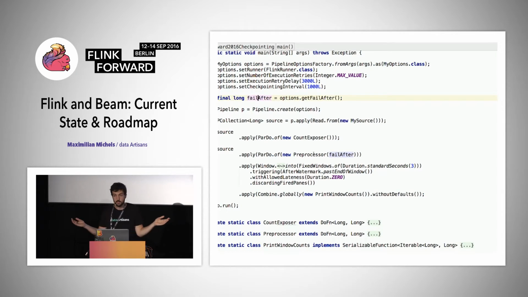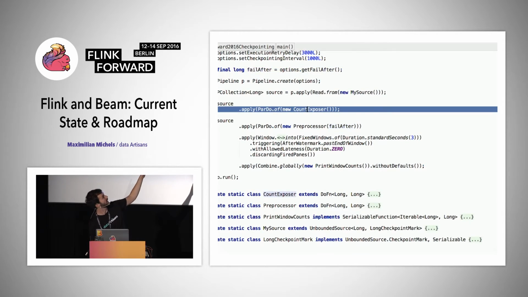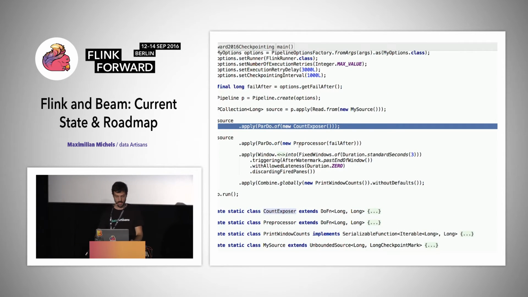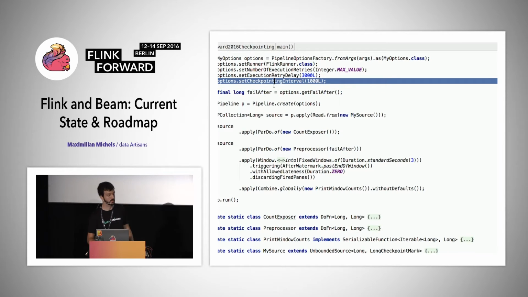I'm using this timeout, which I'm reading here, to pass it to the preprocessor, because apparently my preprocessor is sometimes failing, especially every 10 seconds. I'm also exposing the current count to make that visible on the web interface. The rest is unchanged, and I enabled checkpointing in a 1 second interval.